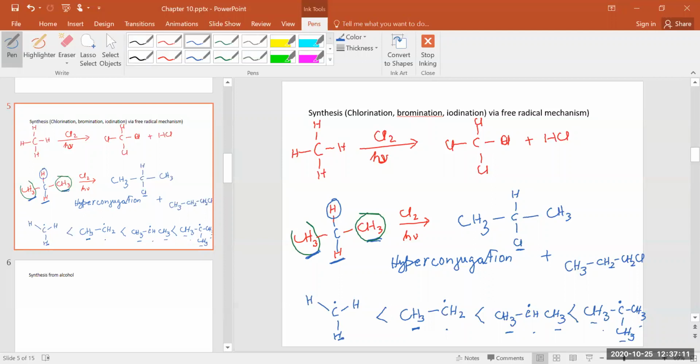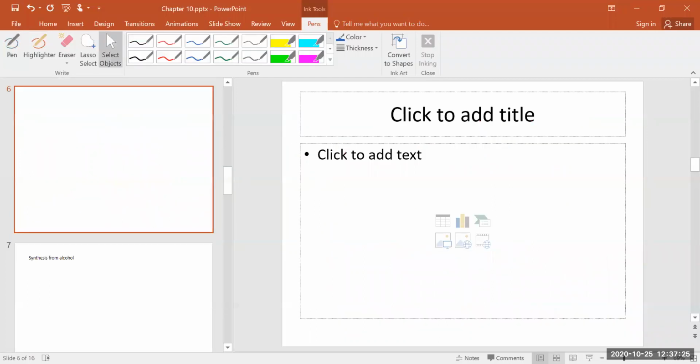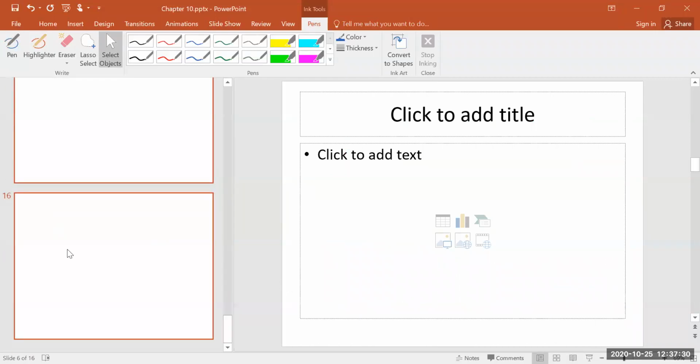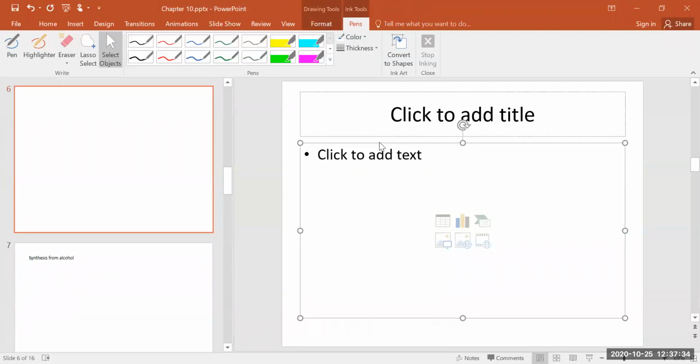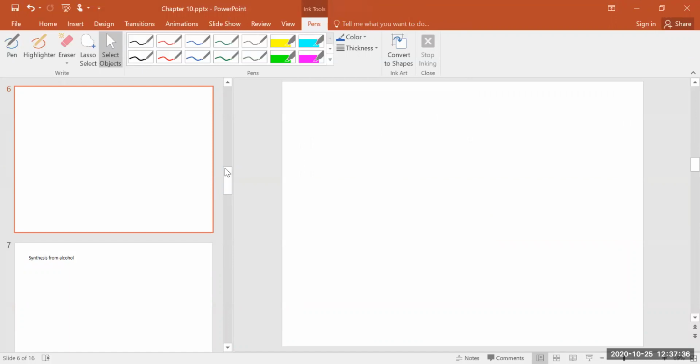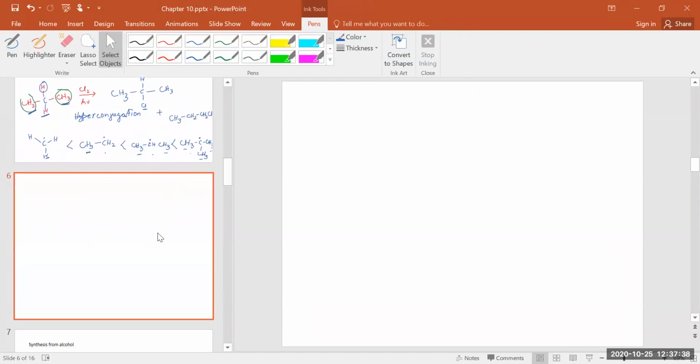This is very important. You should try to understand how we can calculate the reactivity. I will give you one example. So this is the calculation.